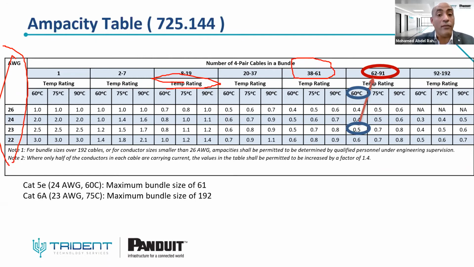Also, if you can get a 75 degree operating temperature rating for the cable, the bundle can be increased from 91 to 192 cables. So you can bundle up to 192 if you have a cable with operating temperature 75.